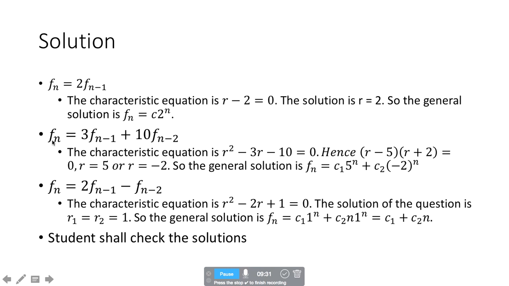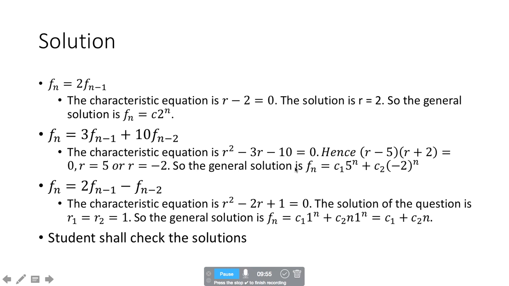Now for the next one, we first find its corresponding characteristic equation, which is R squared minus 3R minus 10 equals 0. So we want to solve this quadratic equation. We factor it, which will be R minus 5 times R plus 2 equals 0. We solve it: R equals 5 or R equals negative 2.